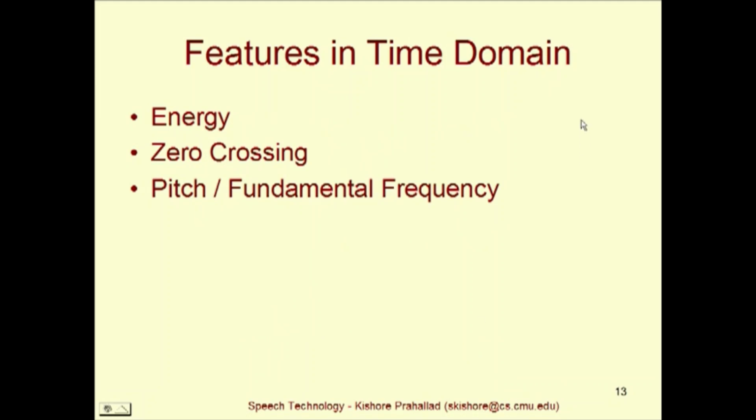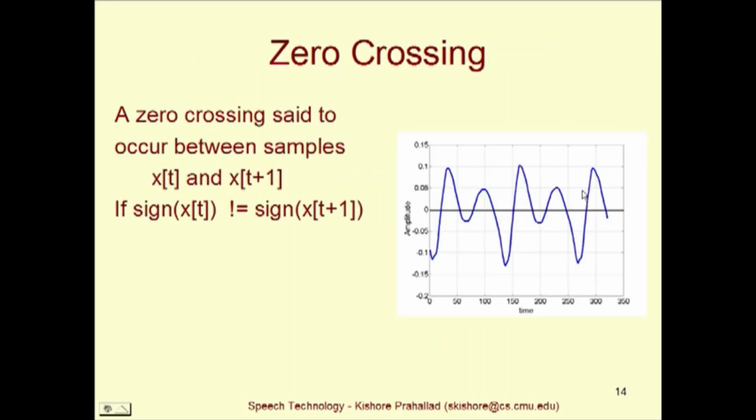So what are the other features which we are talking about here? We are going to talk about energy, which we did, and then zero crossings, and then pitch or fundamental frequency. So what is a zero crossing? It's very clear.